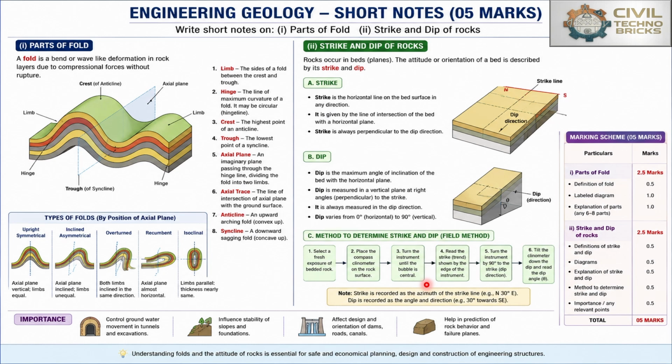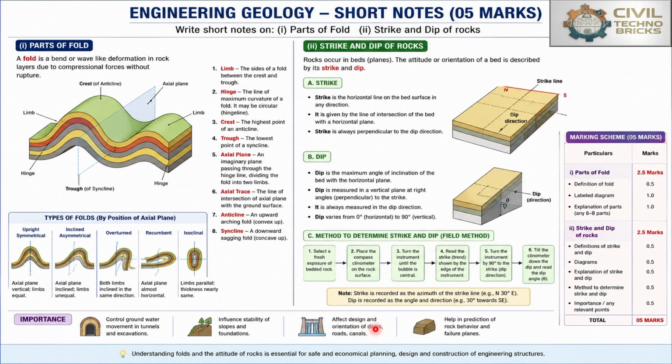What is the most important benefit of these two parts, parts of fold and strike and dip of rocks, from the civil engineering point of view? The importance is in controlling groundwater movement in tunnels and excavation. Then influence on stability or instability of slopes and foundations in hilly regions, roadways or railways.